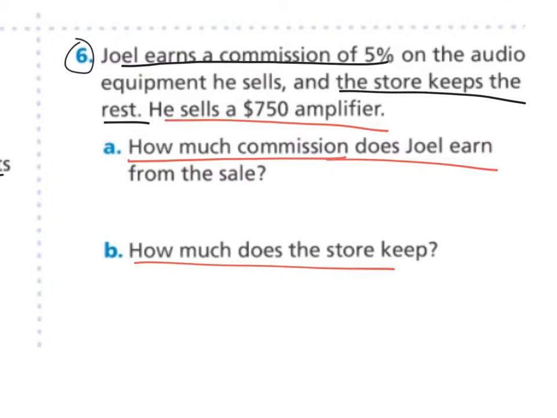So a lot of times if you're in a job where you are trying to sell things, commission is used a lot. For example, people that try to sell houses, people that try to sell cars, earn commission.